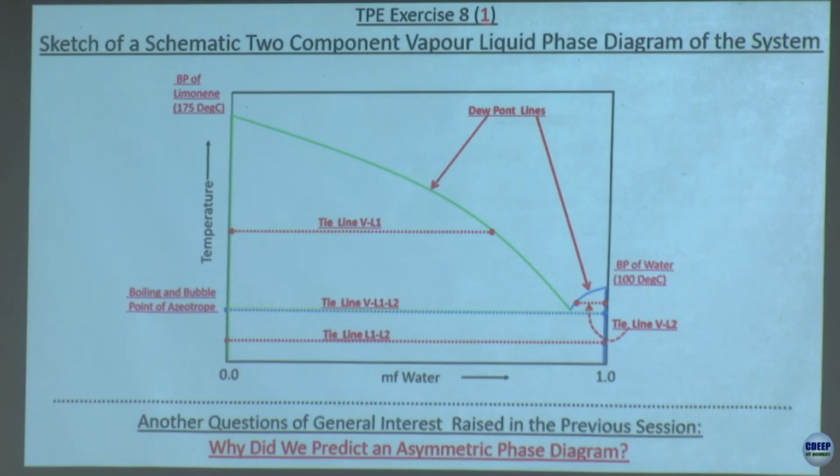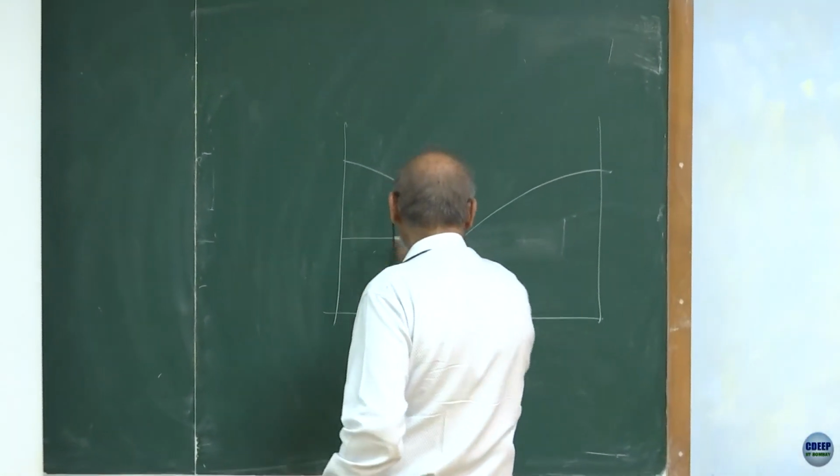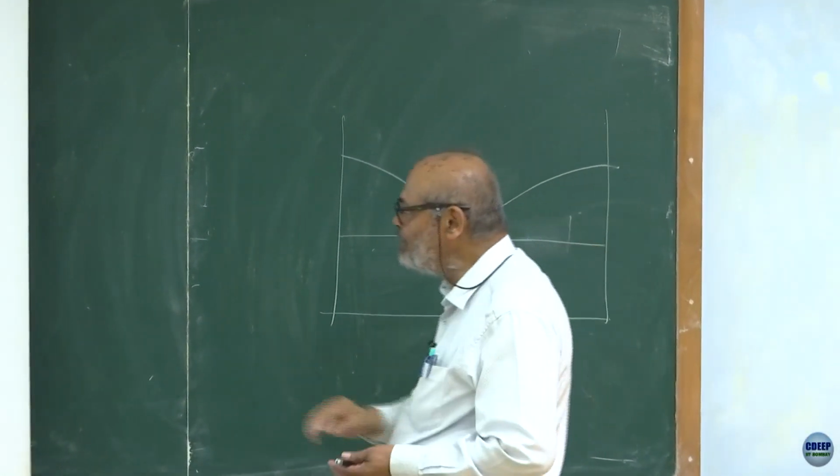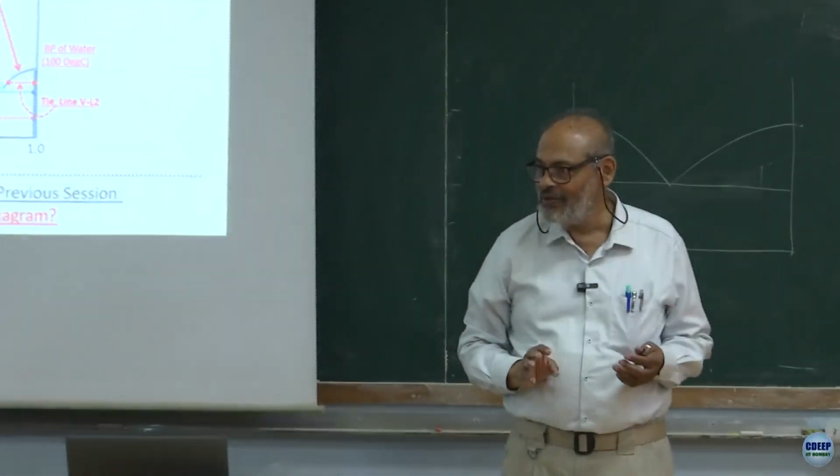Now one question did come up. Somebody asked me, you usually draw such a liquid vapor phase equilibrium diagram which is almost symmetrical like this. Why did you show an asymmetrical diagram?